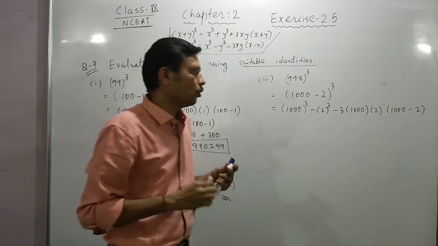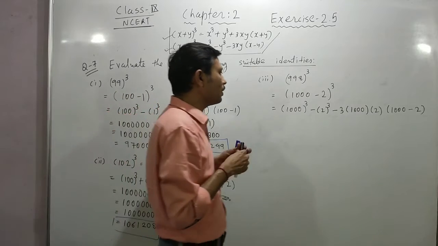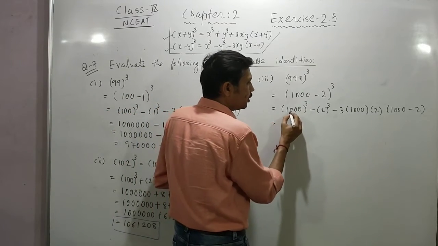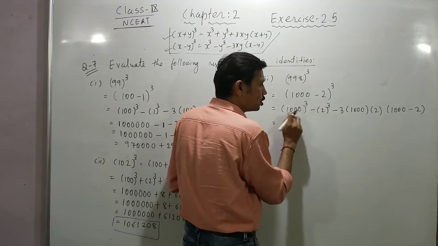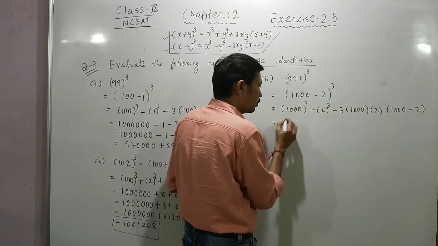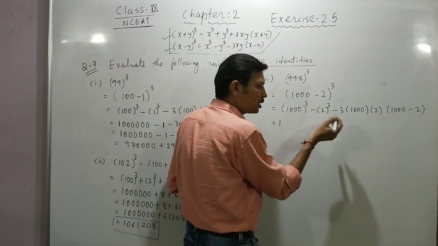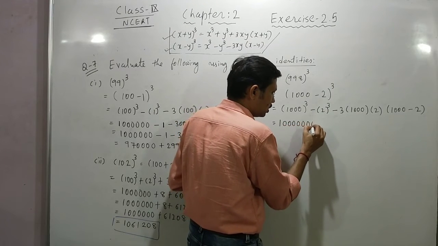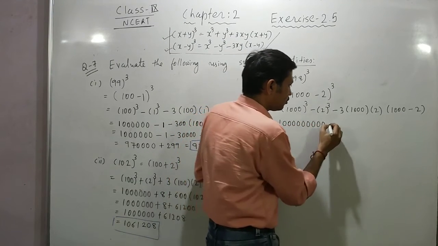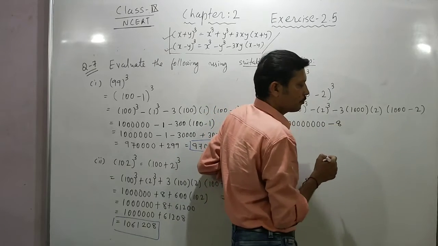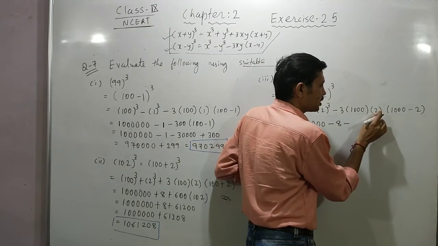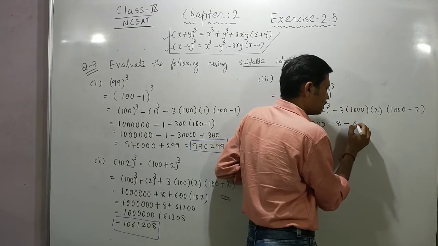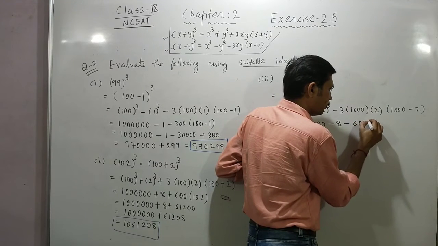Is it okay? Now let's do the simplification. Here we have 1000 the cube, so the zeros will be 3 times. So we have 3 zeros, multiplied by 3, that means 9 zeros. 1, 2, 3, 4, 5, 6, 7, 8, 9. 2 the cube is 8, minus 3 2s are 6 into 1, 6 1s are 6, so 6000.